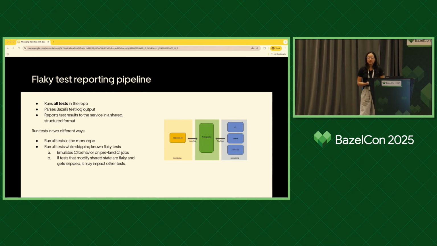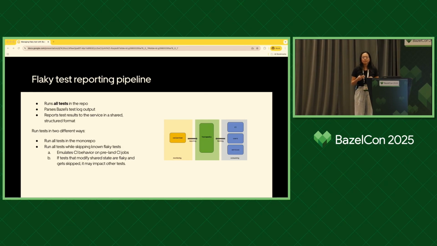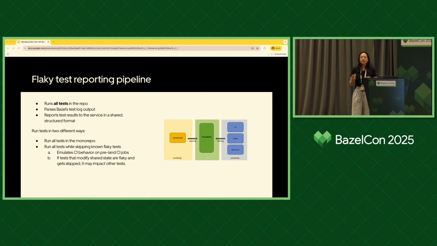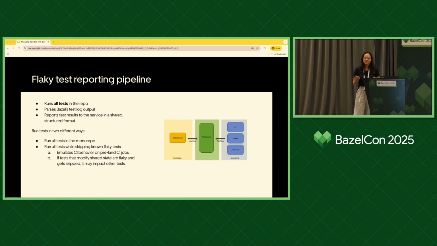In the second run, we run all the tests but skip tests that are flaky. We do this because it emulates the CI behavior on pre-land jobs. For example, there could be a flaky test that modifies some global state, such as a shared mock.